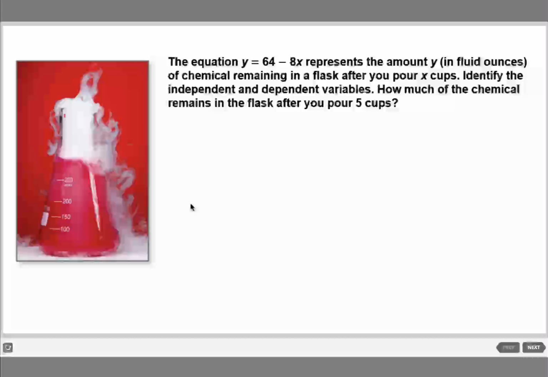Okay, let's first think of the independent variable, x or y. My heroes, think of it.